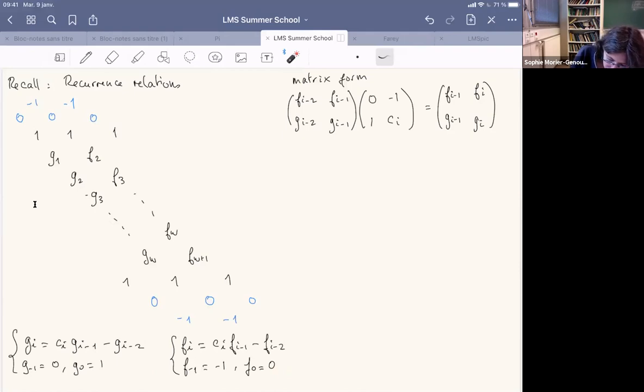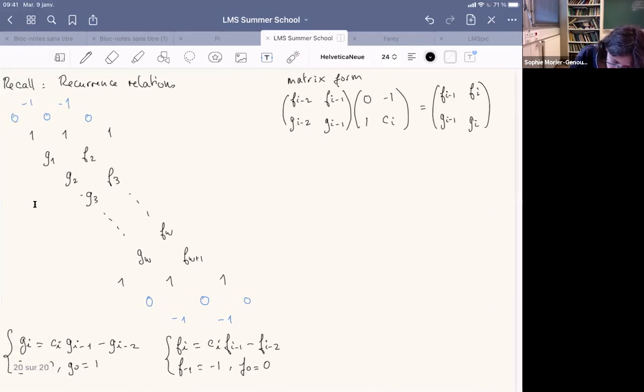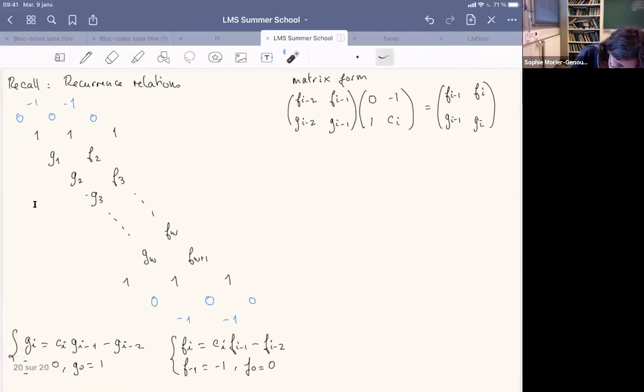Okay, so the initial conditions are here. This is the 2 by 2 matrix of the initial condition. Then I multiply by one matrix, I will get this. The next matrix, I will get this one, and so on.